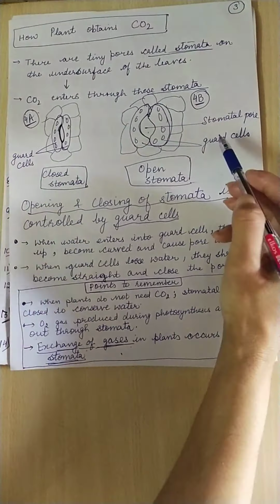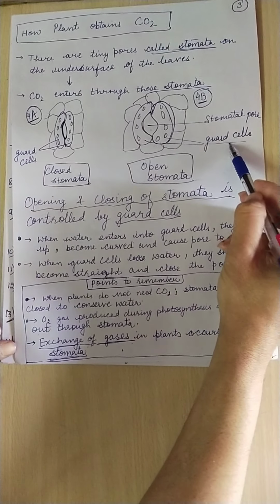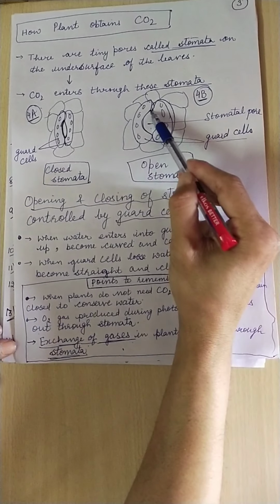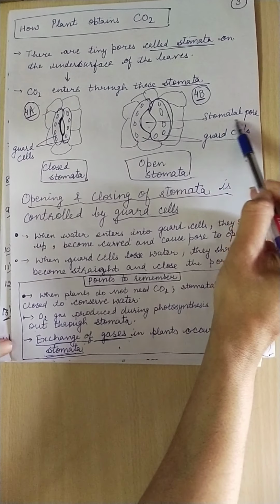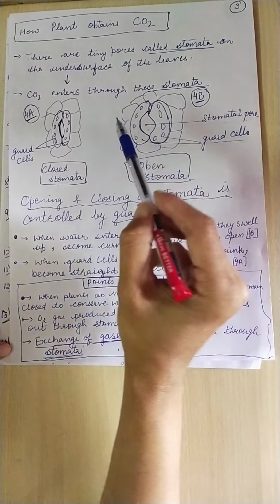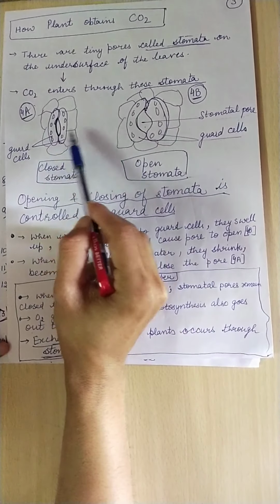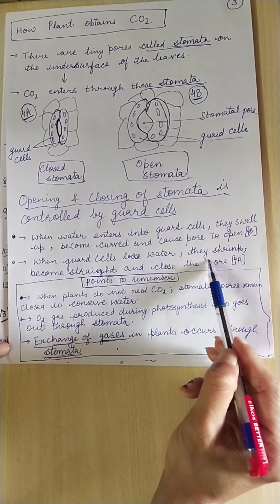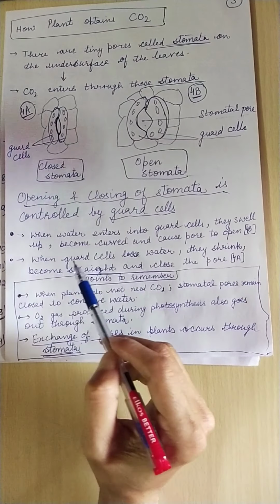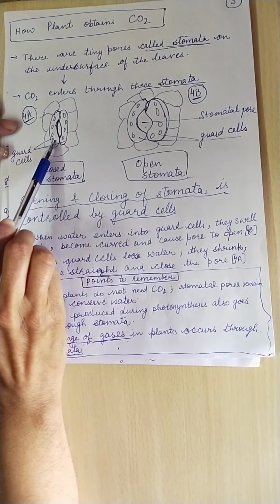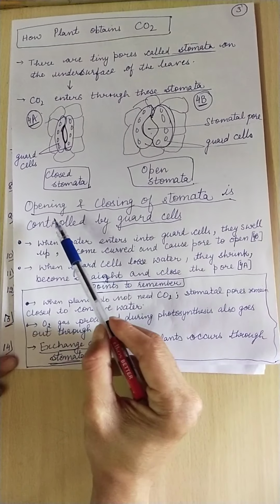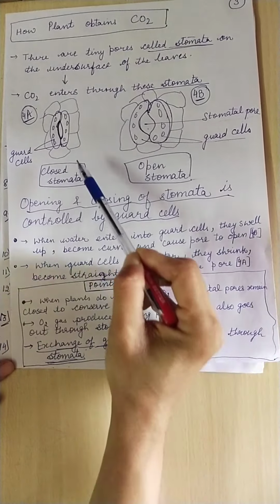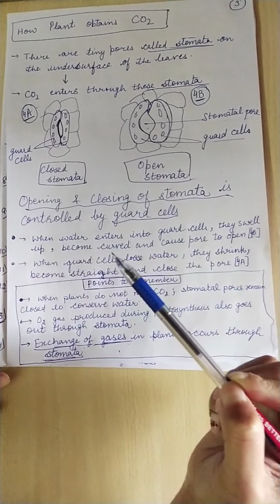When these guard cells swell up, they become turgid, they become curved and cause the stomatal pore to open. Same way, when these guard cells lose water, they shrink, they become straight and cause the stomatal pore to close. After writing these 2 points, you need to draw diagrams also.